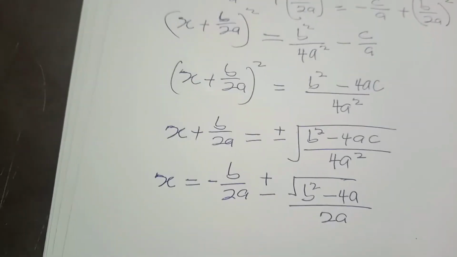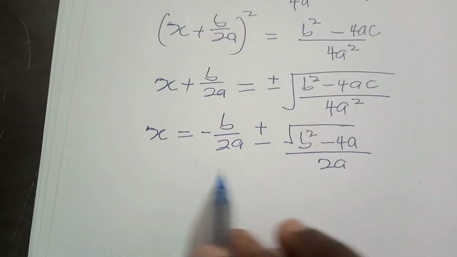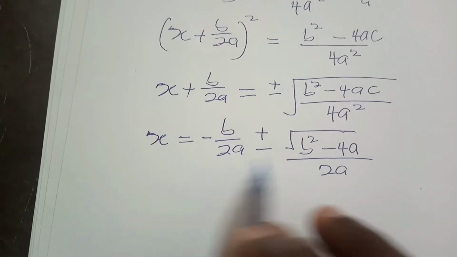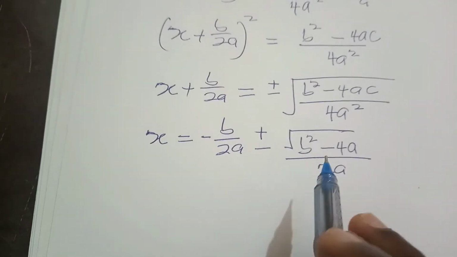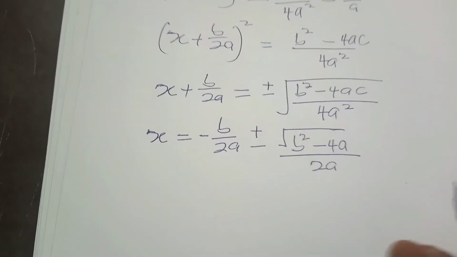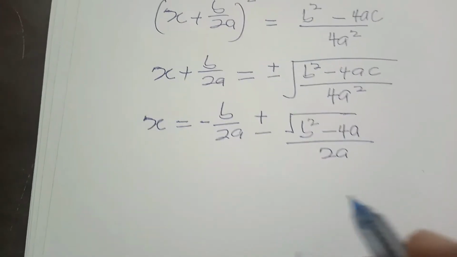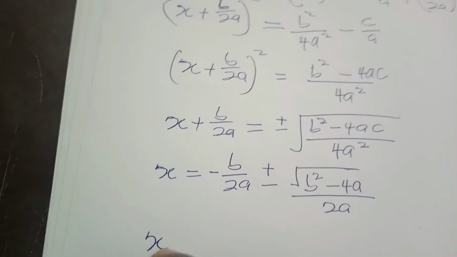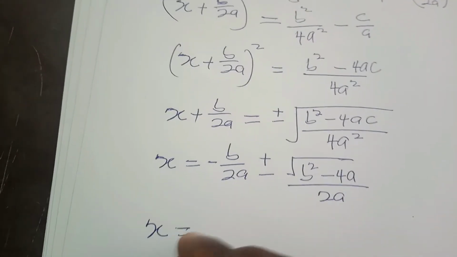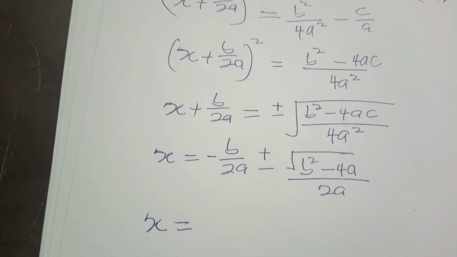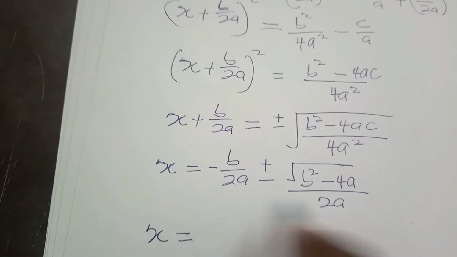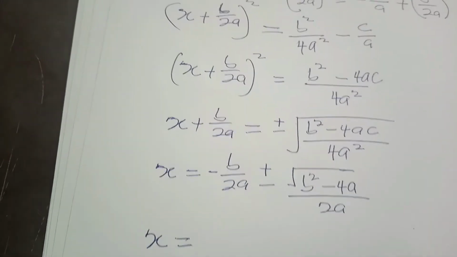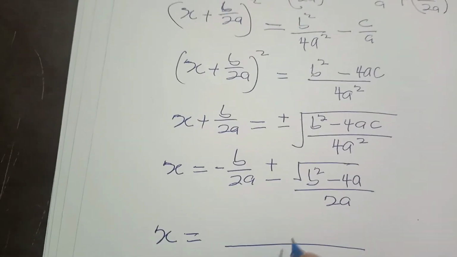Good. Then addition and subtraction of fractions, or common fractions, requires us to find the LCM. That means our x is going to be equal to, the LCM is 2a and 2a, so it's 2a. So you write our 2a here.